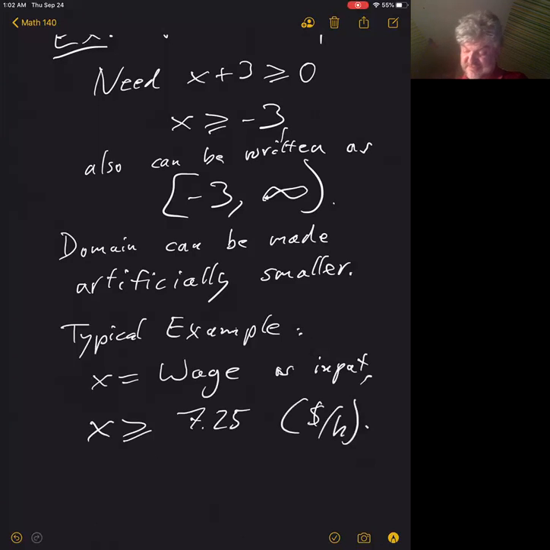Even if your profit would be bigger, if you paid less, you can't. Unless you're waiting tables in a restaurant. Different story. I'm just saying that there's plenty of examples where formulas make sense, but there are outside restrictions that limit the domain of a function.